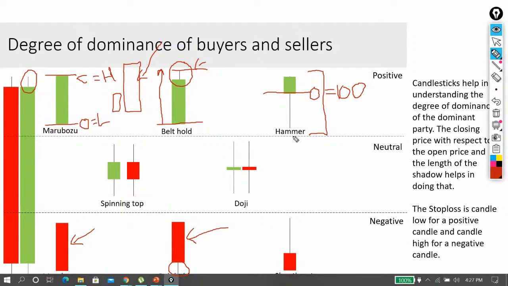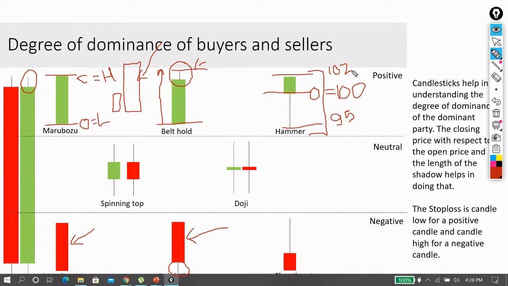Let's say this low is equal to 95, and let's say this closing, and higher same here, I would take that as, let's say, 102.